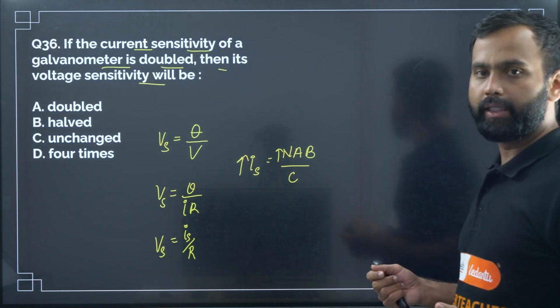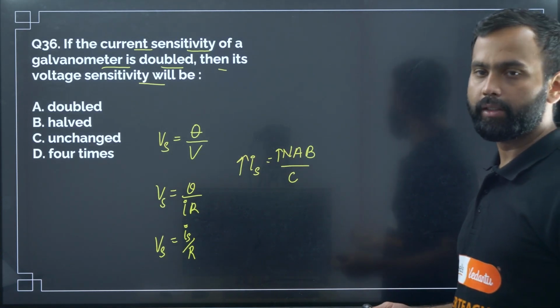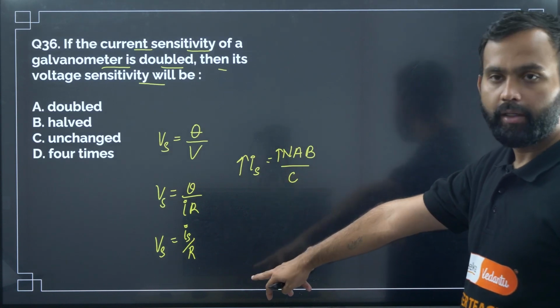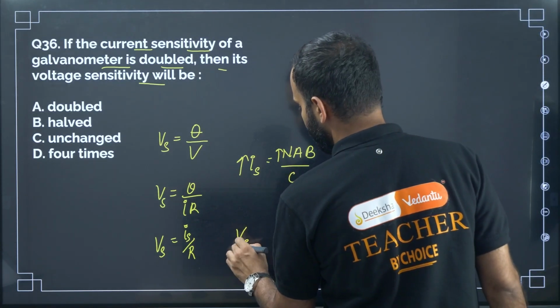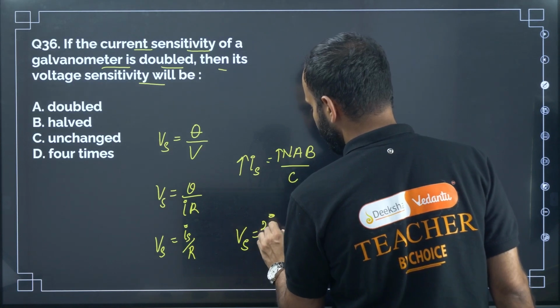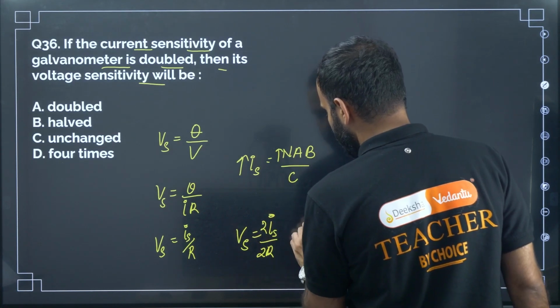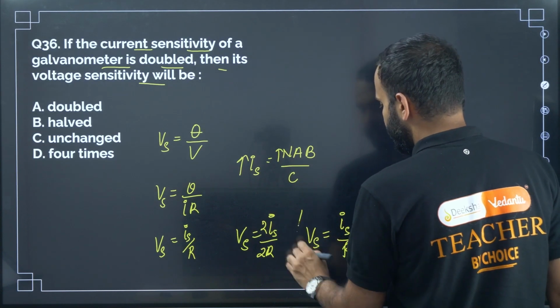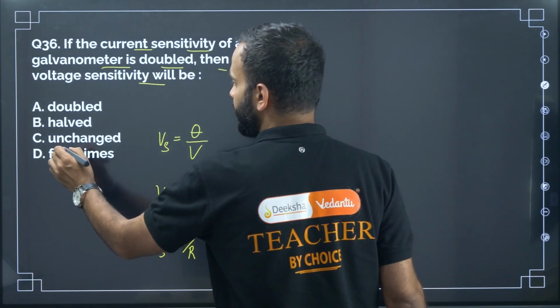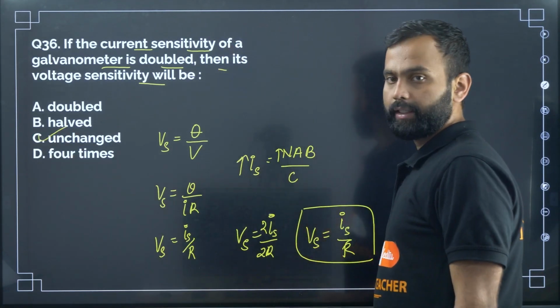If the length of the wire increases, the resistance will also increase. So if the current sensitivity is doubled, the resistance will also be doubled. So now Vs is equal to 2Is divided by 2R. Finally, Vs equal to Is divided by R. That is, the voltage sensitivity remains the same. So option C is the correct answer.